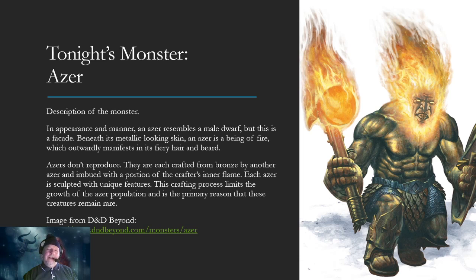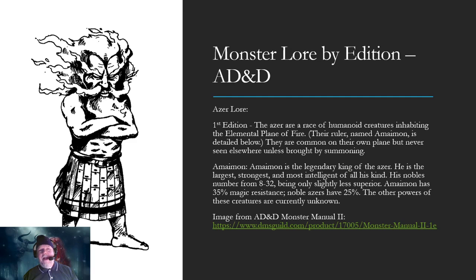Okay, that is the Azer from 5th edition. Now let's go back and look at the lore of what D&D has said about these creatures going back to the beginning of their incarnation.